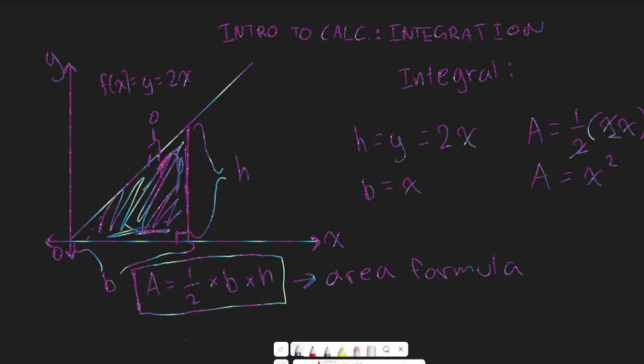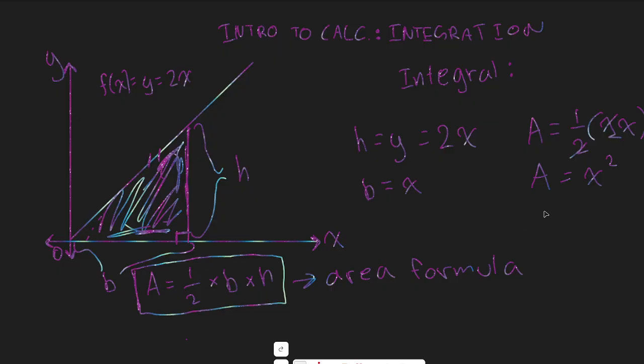Okay, so that's what that is. And we said that the derivative of x squared is equal to 2x. And over here, the integral of 2x is equal to x squared. So by that, we know that integration and differentiation are opposites of each other.